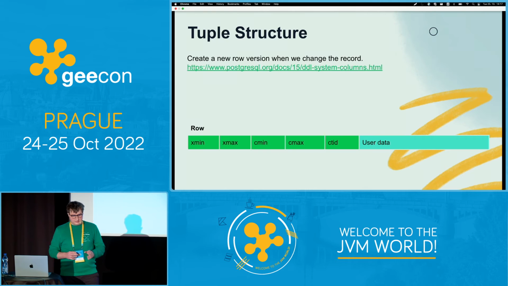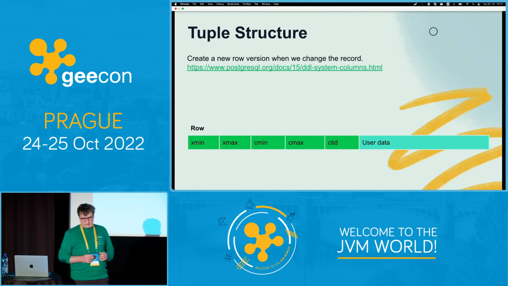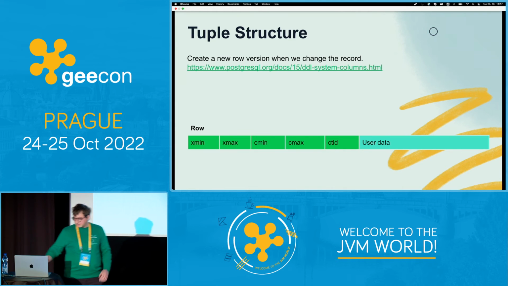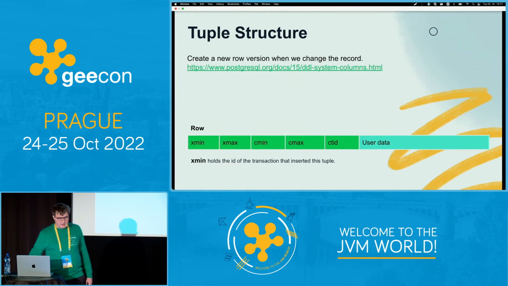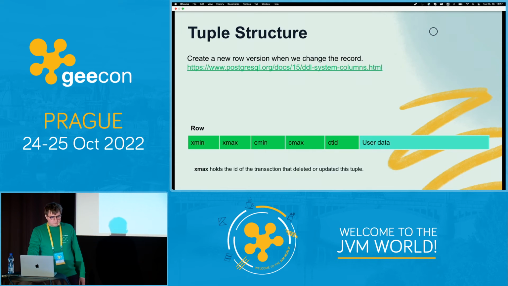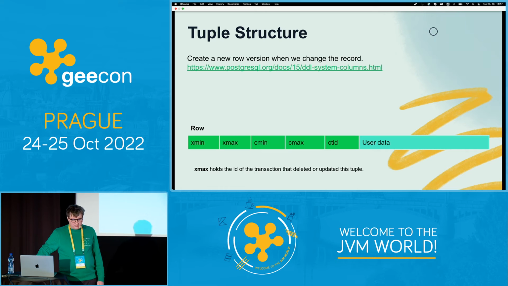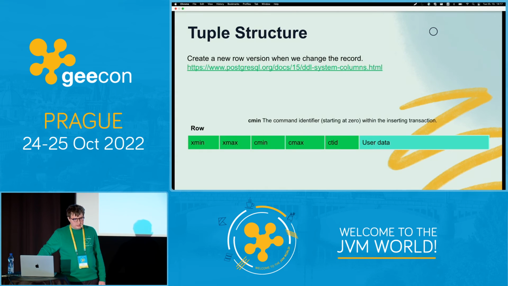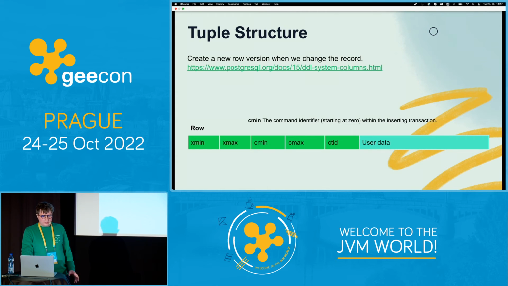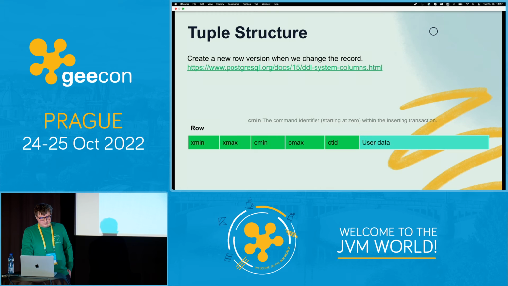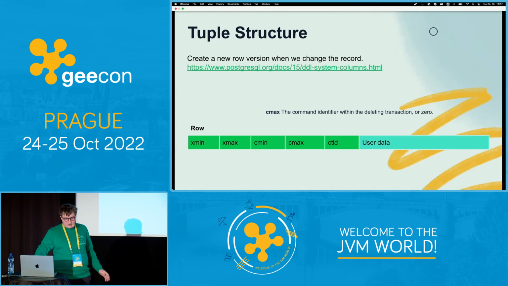So it has xmin, xmax, cmin, cmax, and ctid. It also has some other flags, and it has user data. xmin is the ID of the transaction that created the tuple. xmax holds the ID of the transaction that deleted or updated the tuple. cmin contains the command ID that inserted this row. cmax is the command that deleted the row, or zero.